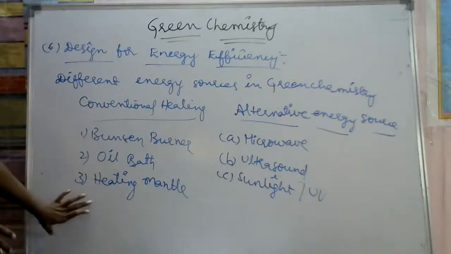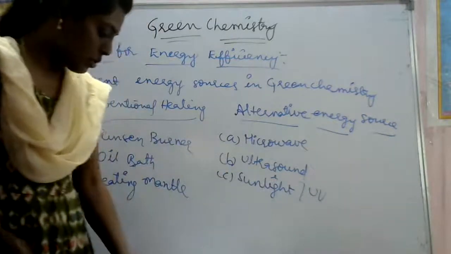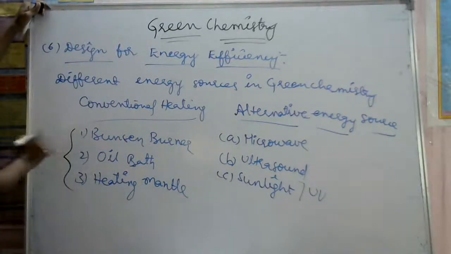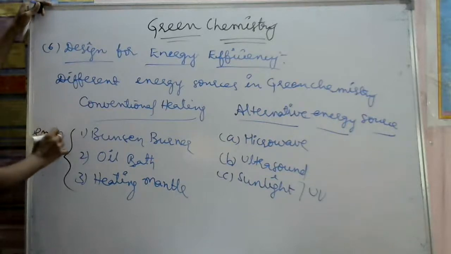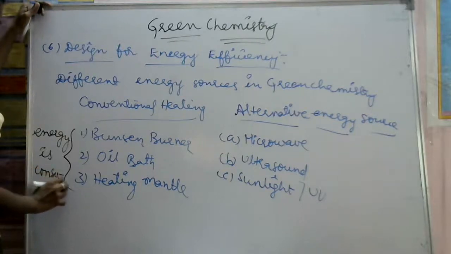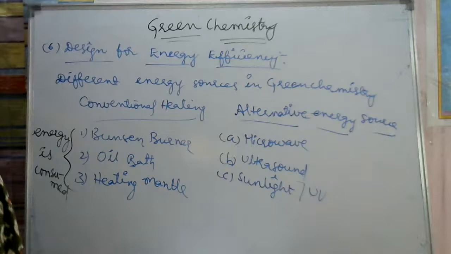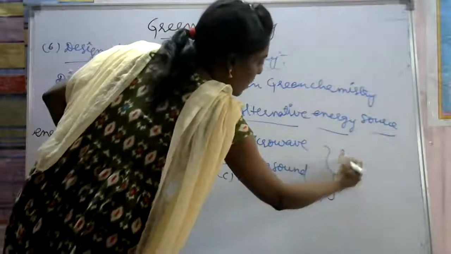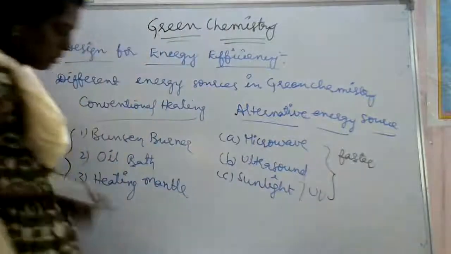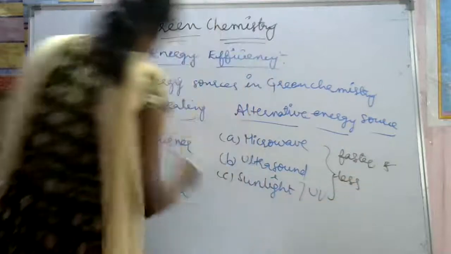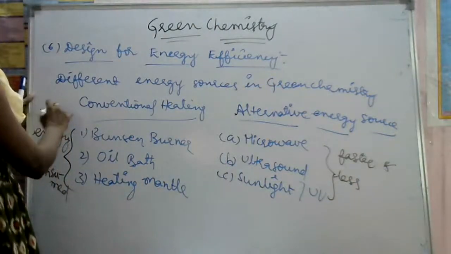Let's see the difference between conventional heating and alternative energy sources. Energy is consumed in these three processes. In organic synthesis for energy efficiency, these give faster reactions and less energy is consumed. In conventional heating, high energy is consumed.